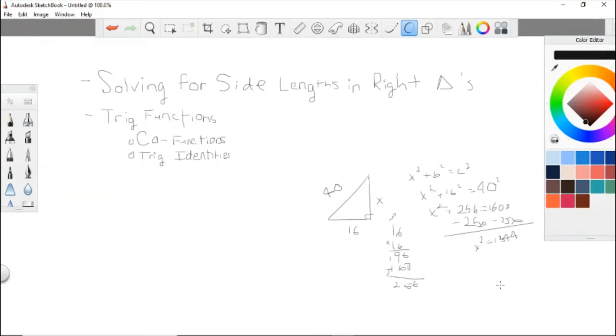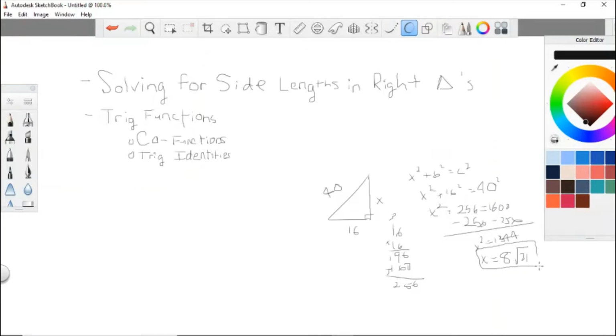Now we want to get the value of x, so we will square root both sides. We would only take the positive square root because side lengths can only be positive in this case, and we get x is equal to 8 root 21.